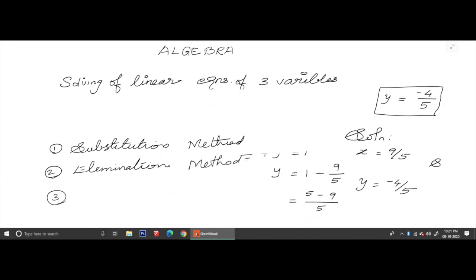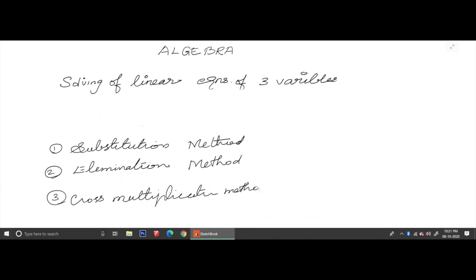Cross multiplication method, right? And here the substitution method, we have done in example 3.1, and elimination method, we have done in example 3.2. So I hope you can recall and continue the class.